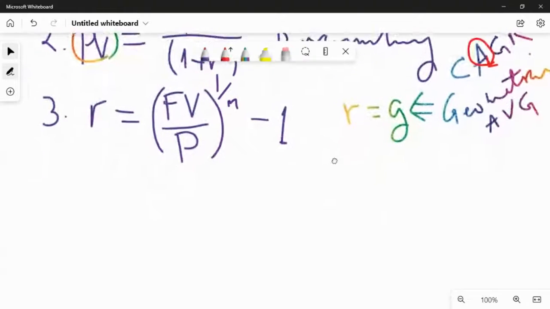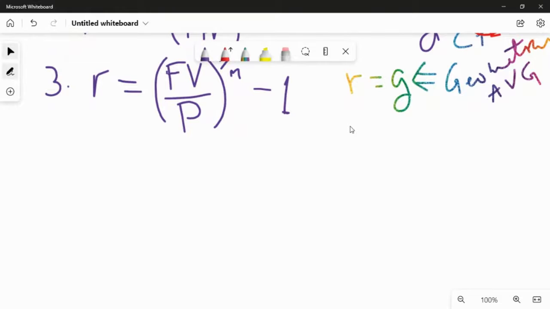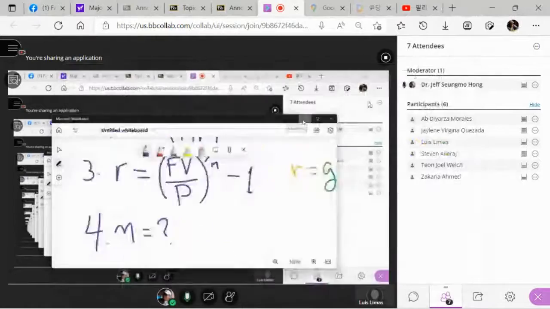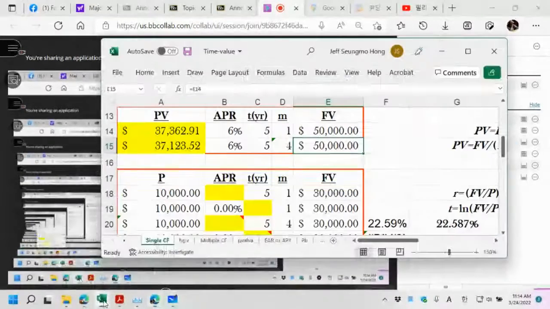And then finally, the fourth variable will be n. Now, this is more complicated. So before we talk about how we solve for n, let's do the exercise for r.